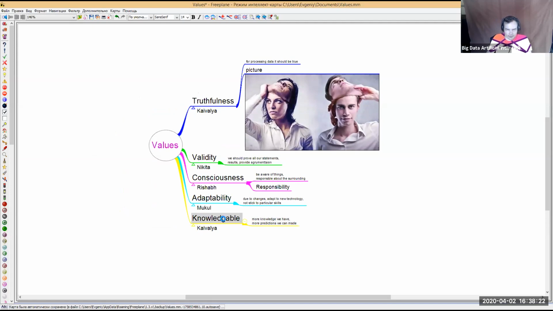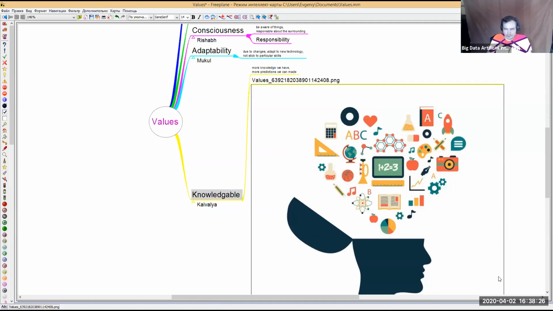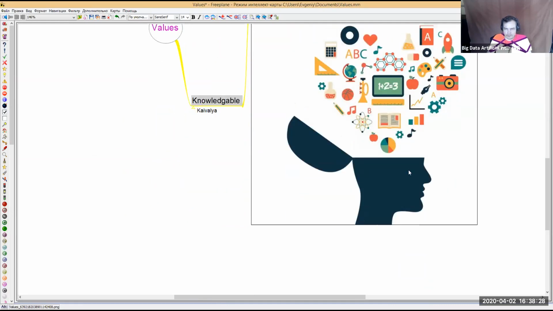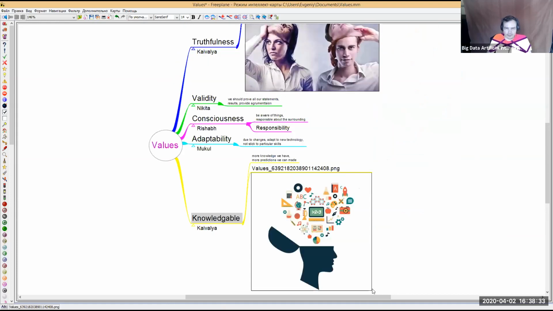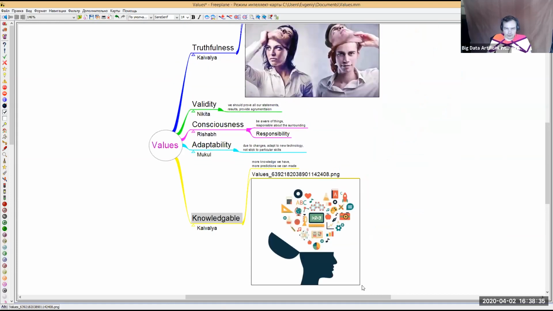Cavell suggested this picture for knowledge. How do you find it, does it reflect knowledge, the knowledgeable person?